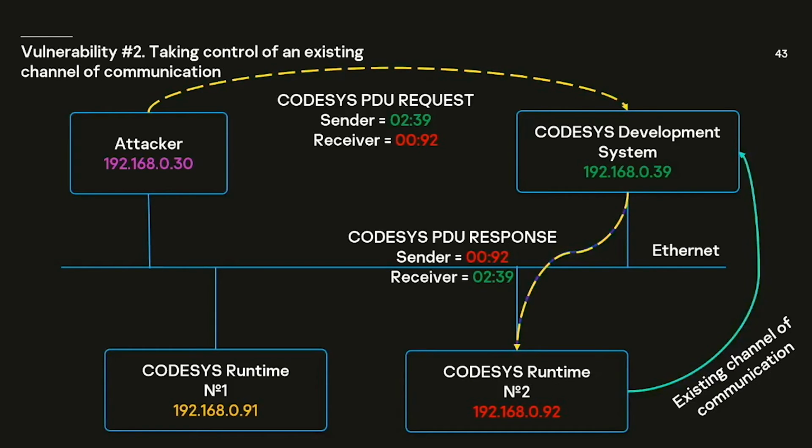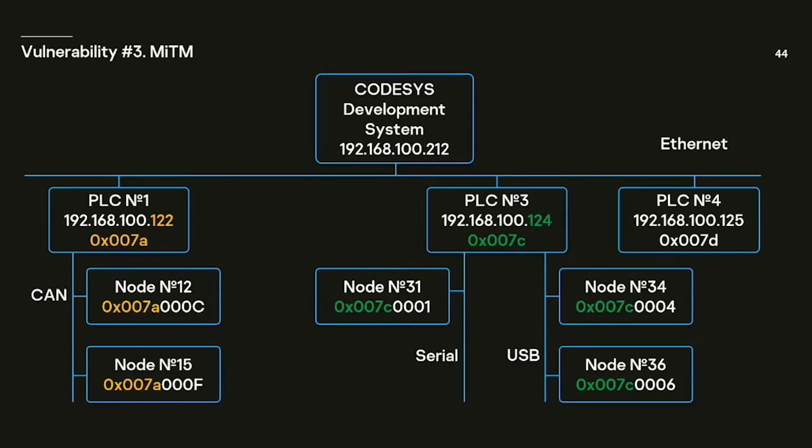It's kind of snake with a malicious packet here, where the node receives a CODESYS PDU packet, also checks that this is not his address in the receiver field, and just transmits it. So it's very fine.